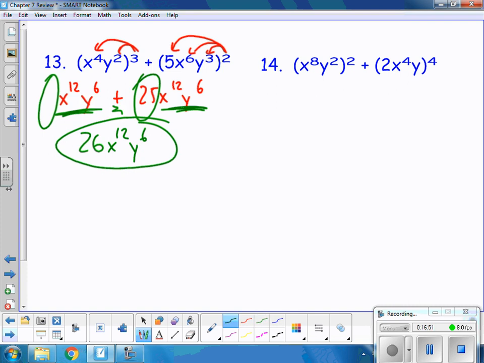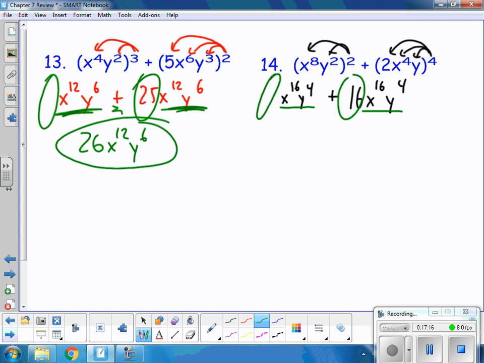If I look at number 14, I need to do some squaring, and I end up with x to the 16th, y to the 4th plus. I need to do some quadrupling to four things here, or three things. I end up with 16, x to the 16, y to the 4th. Looking for common terms, so x to the 16th, y to the 4th, x to the 16th, y to the 4th.